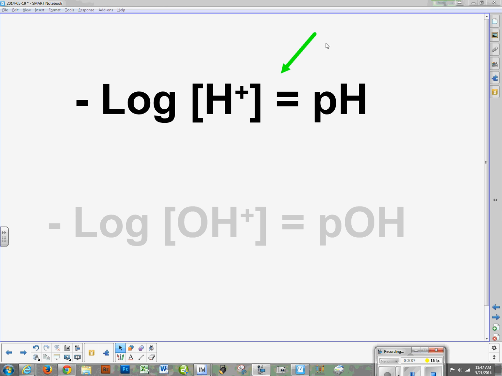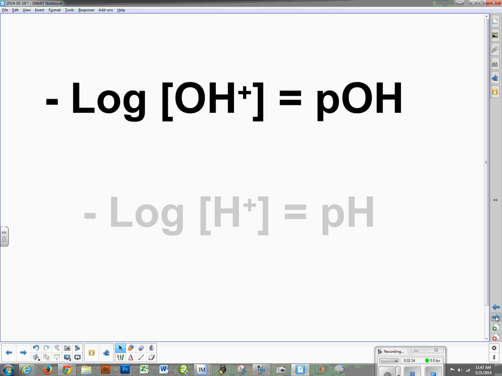It's also important to know that these all come from the minus log of the hydrogen ion concentration being equal to the pH, and I'll explain how that works in just a moment. You can see the same thing down here for the hydroxide ion concentration and how to get it to the pOH. Now we're going to go to some examples.